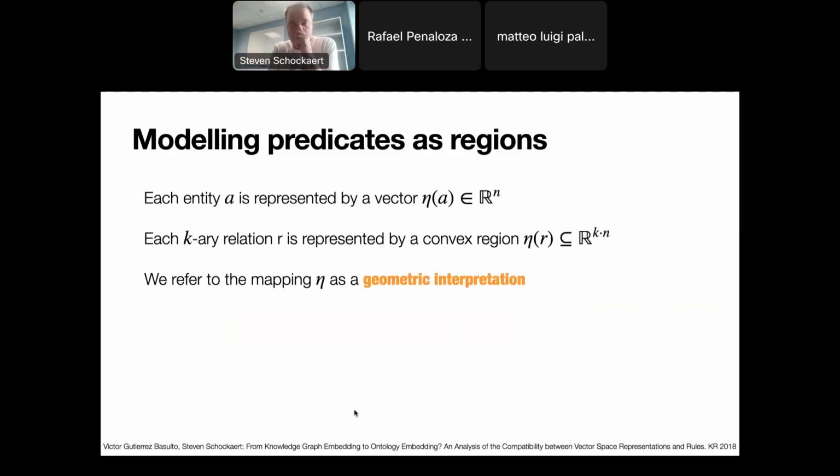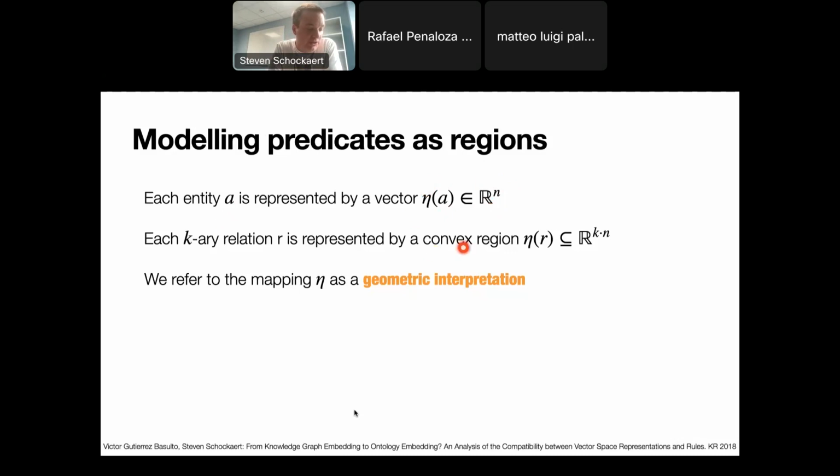So let's make this a bit more precise now. We have a geometric representation in which every entity A is represented by a vector, so we can call it eta of A, the geometric representation of A, which is a vector in n-dimensional space, and then a k-ary relation R is simply a region.